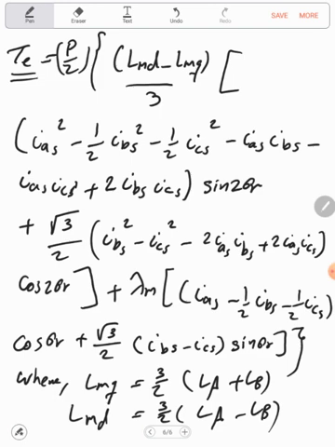But for the modeling, this one is accurate. And if we need to do the model in the ABC reference frame, we need an expression for the torque.